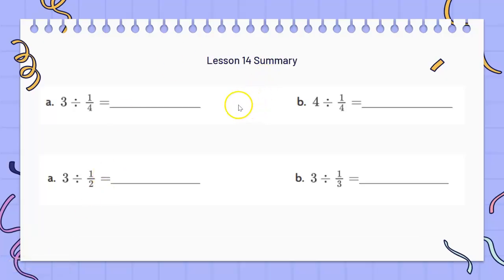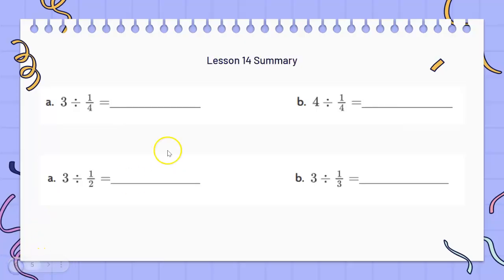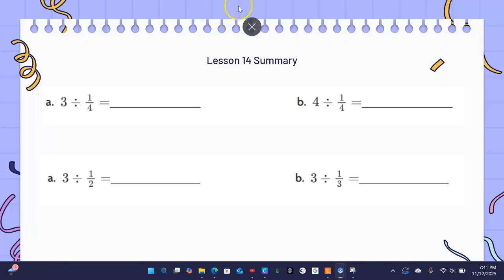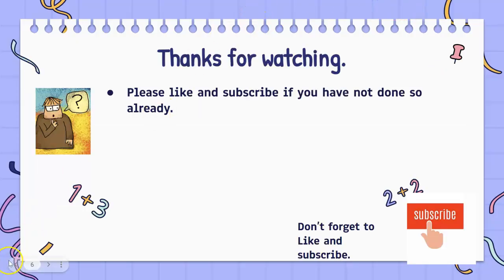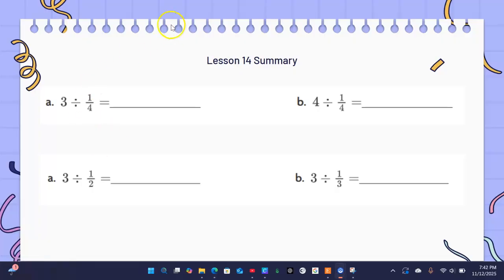All right, let's take a look at our lesson for today, which is lesson 14. And let us write. Okay, now let's go ahead and begin by writing our 3 divided by 1/4.